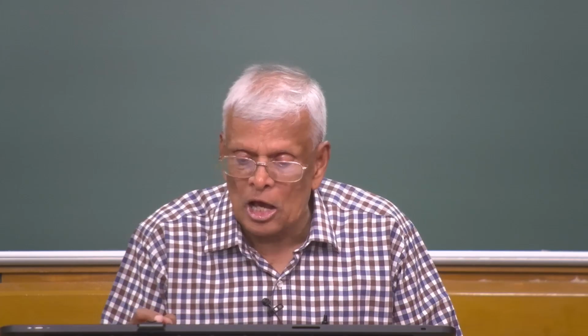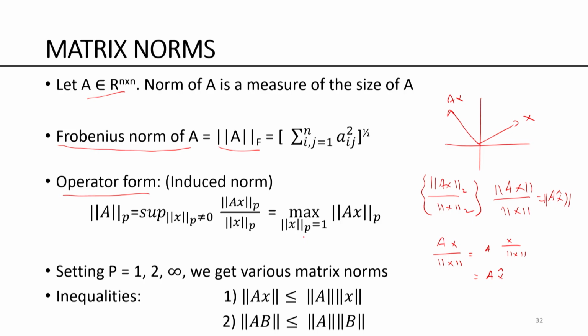So how do I define the norm? Let p be equal to 2. It is going to be the maximum of norm Ax where the norm of x is 1. Are you with me? So it is the maximum magnification suffered by any unit vector x. And what is the set of all unit vectors? They are on the unit circle.